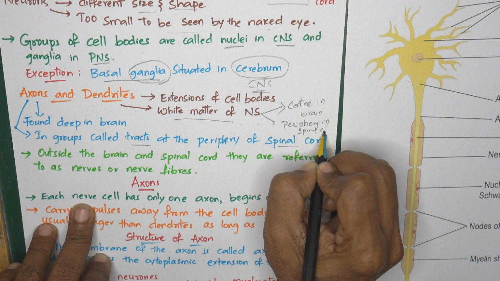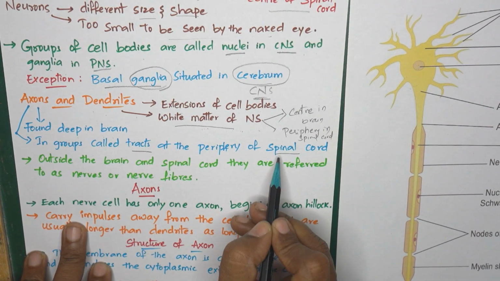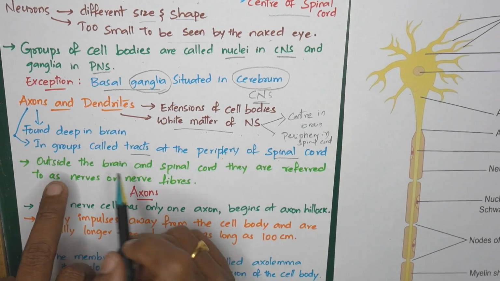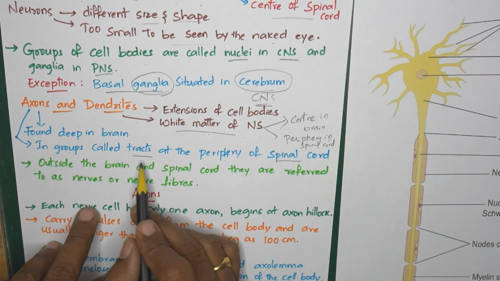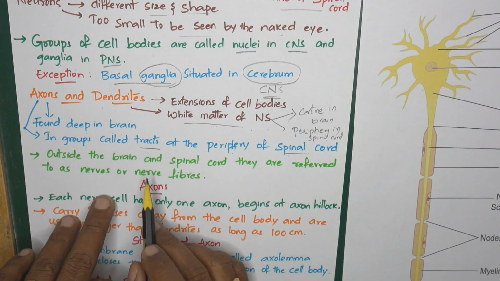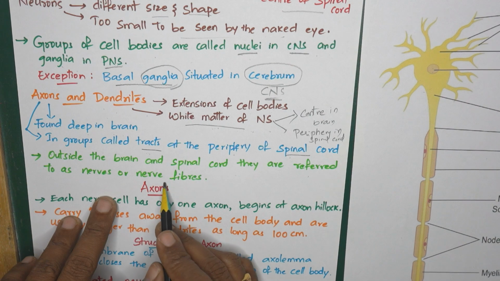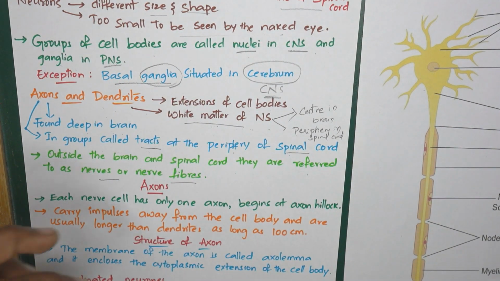They are found deep within the brain, and in the spinal cord they are present in the periphery, and when they are present in a group, they are termed tracts. Outside the brain and spinal cord, these axons and dendrites are referred to as nerves, or simply nerve fibers.